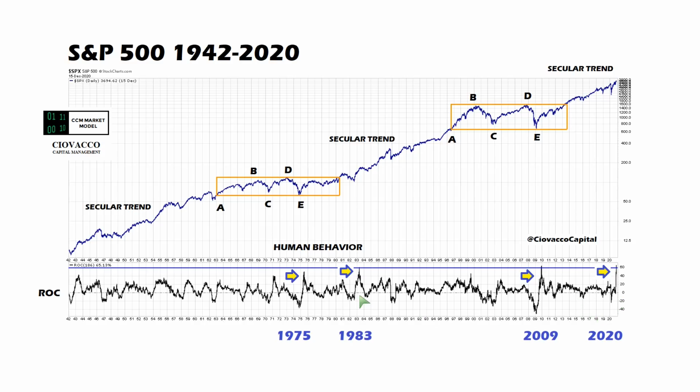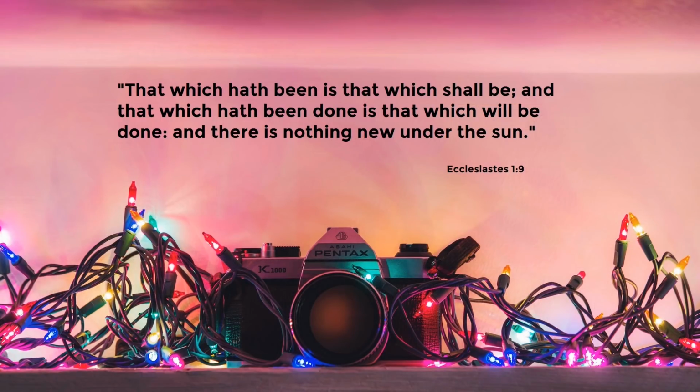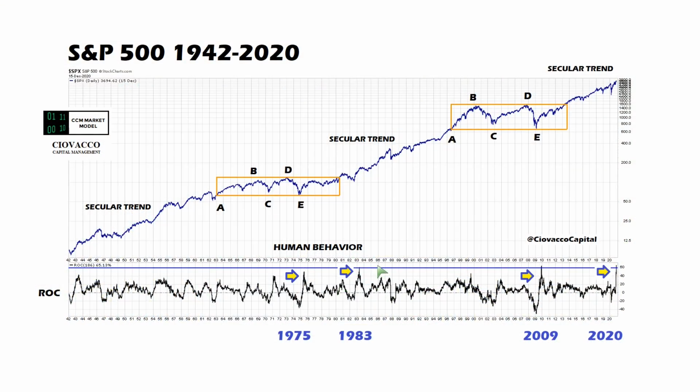And all of this speaks to similar and very, very rare human behavior. And remember, relative to human behavior in the stock market, there's really nothing new under the sun. So using the rate of change look, we can make an argument that 1983 is similar to 2020.